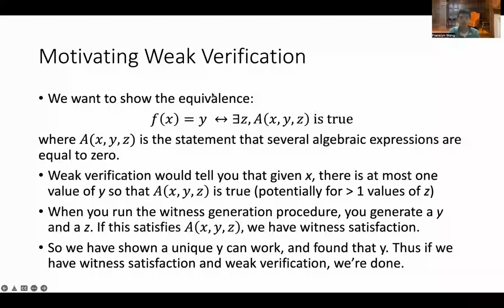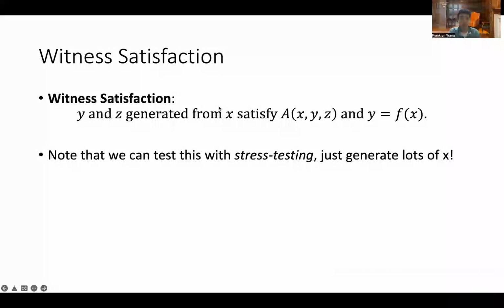So why do we need to prove that z is unique? If we have witness satisfaction, we don't need to show that z is unique, but there are some cases where we won't have witness satisfaction. All good? Yeah. Cool.